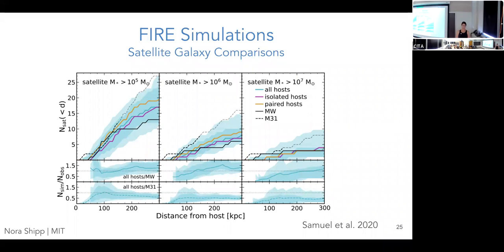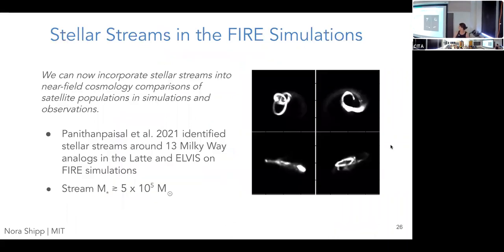Tidal disruption is very dependent on the density profiles of these systems, which is sensitive to both baryonic and dark matter physics. So by including streams, we get new information that we can use to constrain both galaxy formation and dark matter in our galaxy.